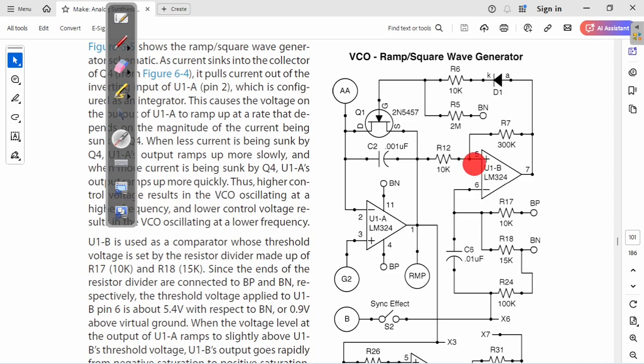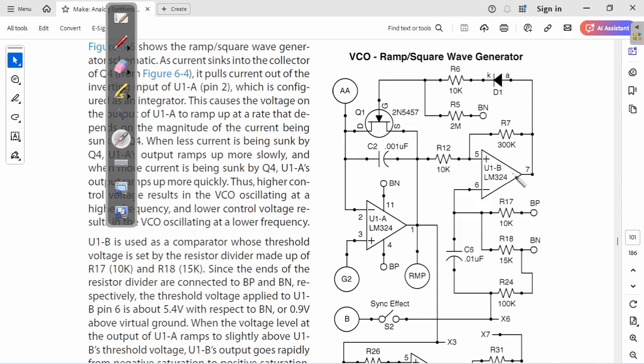So whenever the voltage at the non-inverting input is greater than 5.4, the output goes into positive saturation. But if the voltage at the non-inverting input goes below 5.4 volts, then this output goes into negative saturation.